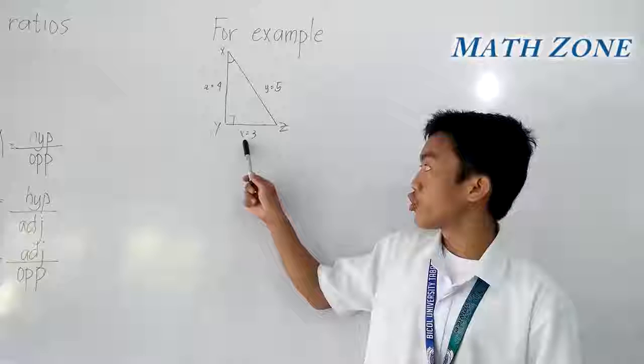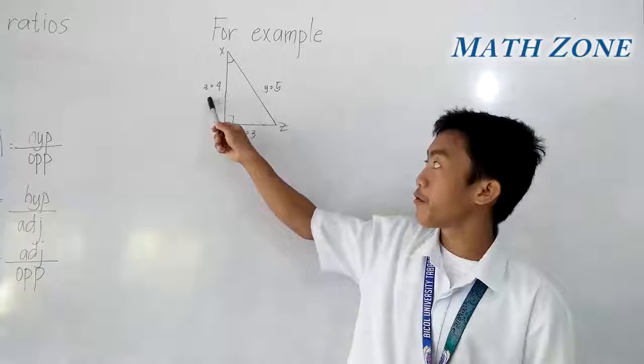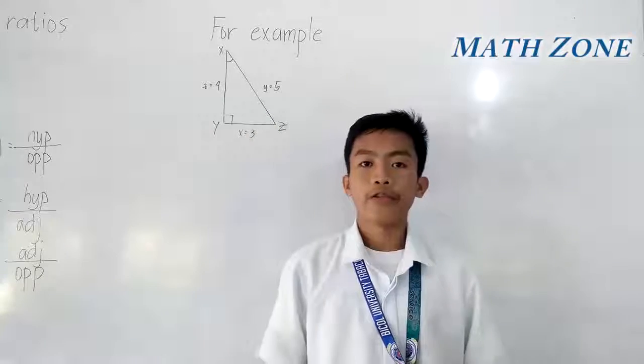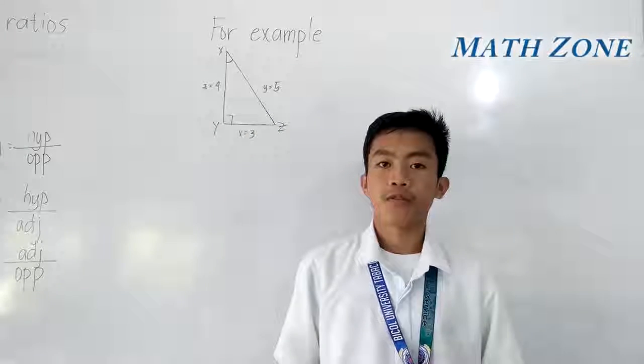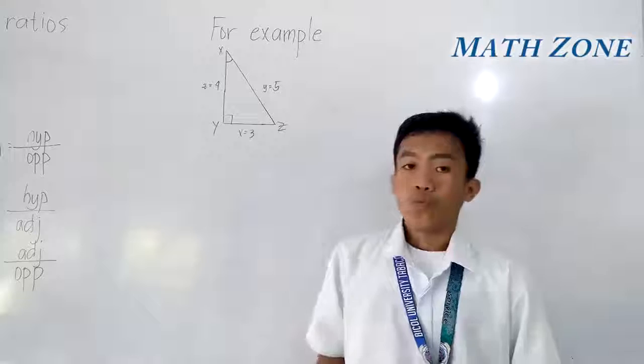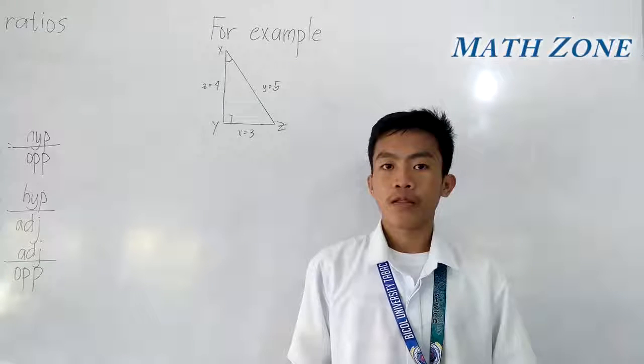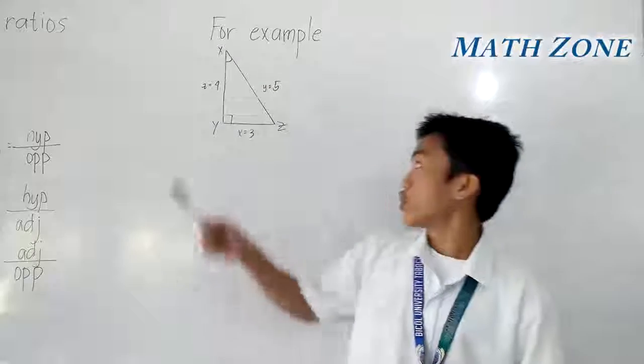Given that x is equal to 3, z is equal to 4, and y is equal to 5, find the 6 trigonometric ratios. We will get the 6 trigonometric ratios of the sides and the related angle, which is angle X.